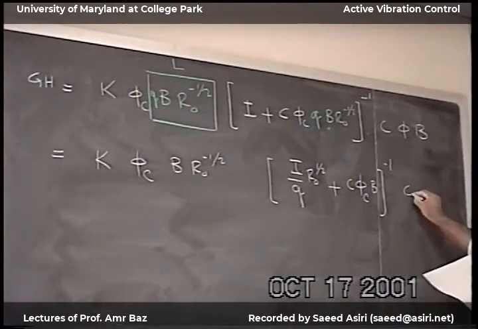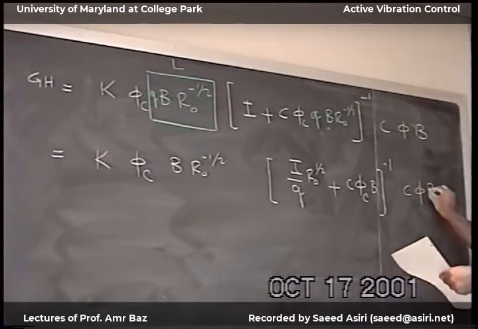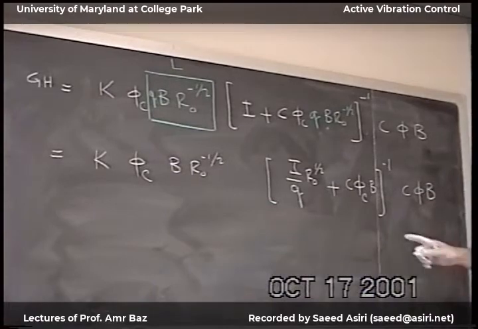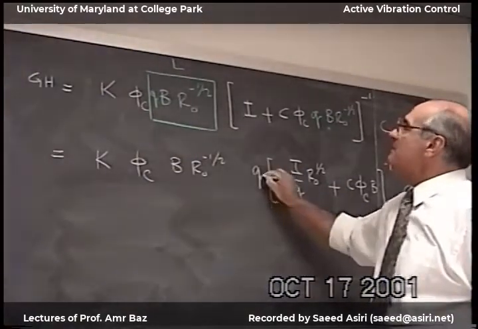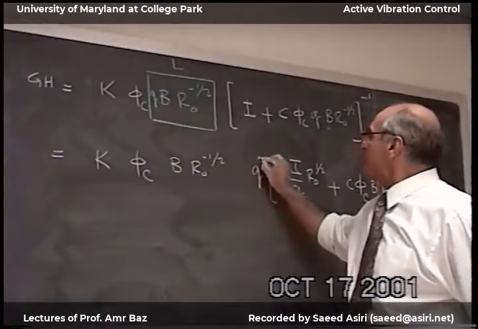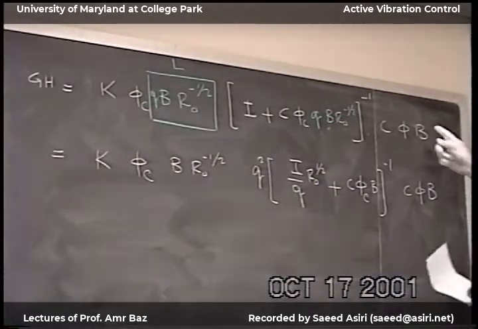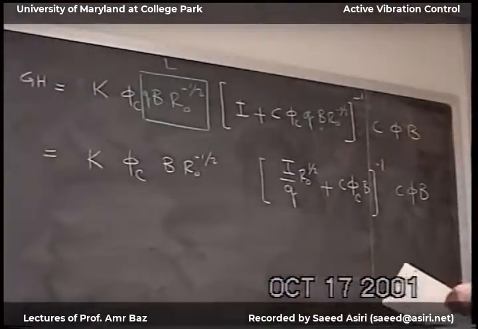And then we have C, phi, and B. I factor Q here, so I have Q here, and I have this Q, so I have Q squared. Oops, sorry. No, we'll take this Q out, so it will be 1 over Q, and then this will be gone.